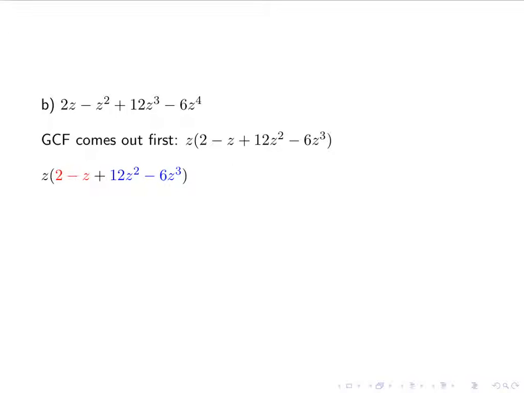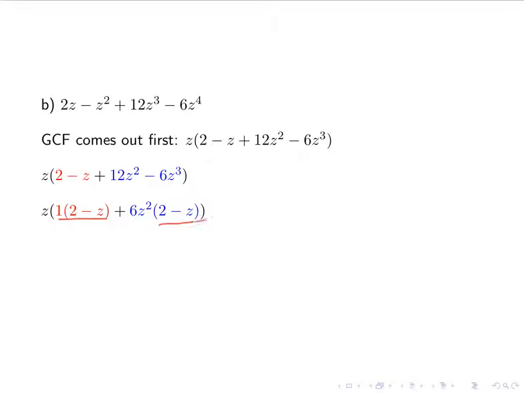My first group, I can't factor anything out. 2 and z have nothing in common. But to make it look a little nicer, I'm going to factor out a 1. For my second terms, my blue terms, there's a 6 and a z squared that they both have in common. So I'm going to have z times 1 times 2 minus z plus 6z squared times 2 minus z.